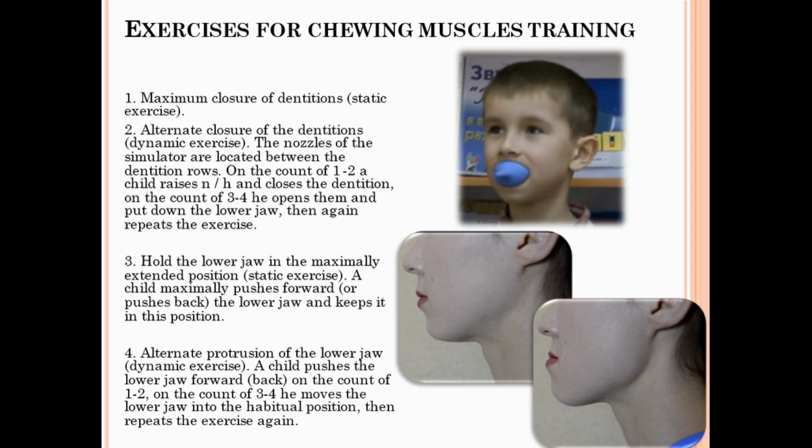Exercises for joint muscle training. First, maximum closure of dentitions, static exercises, squeezing the spring of Rogers shock absorber. The doctor sets the nozzles between the dentition rows of the upper and lower jaws and slowly releases the spring.